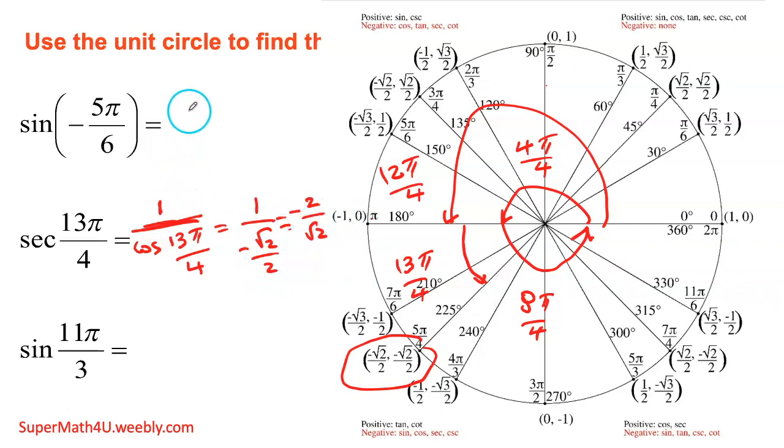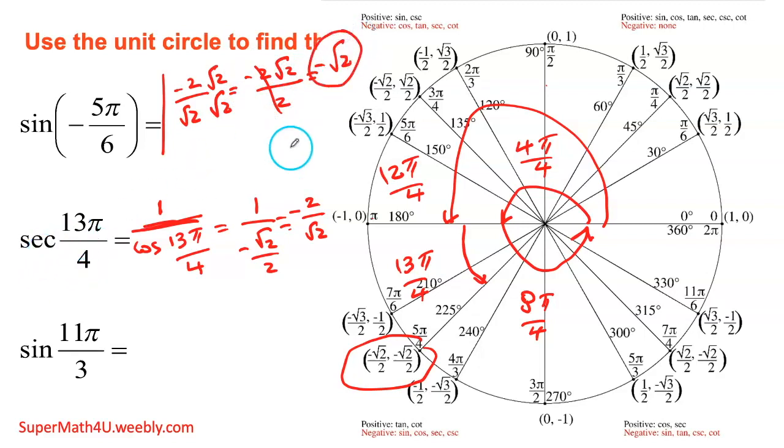Let's take that on the side. I have negative 2 over square root of 2, rationalize, multiply the bottom and the top. The top I have negative 2 square root of 2, and the bottom is going to give me 2. I simplify the 2's, and I'll have negative square root of 2. And that will be secant of 13 pi over 4. I hope you understood how I did the angles.